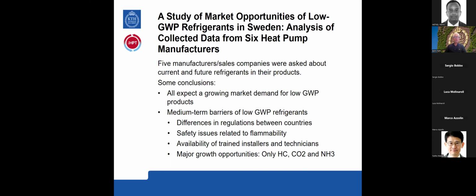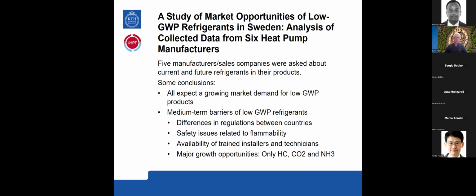We also did a study of market opportunities for low-GWP refrigerants, asking 5 manufacturers about their opinion. Some conclusions were that all expect a growing market demand for low-GWP products. Asking about the medium-term barriers for low-GWP refrigerants, these were the answers. Differences in regulations between countries is one problem.